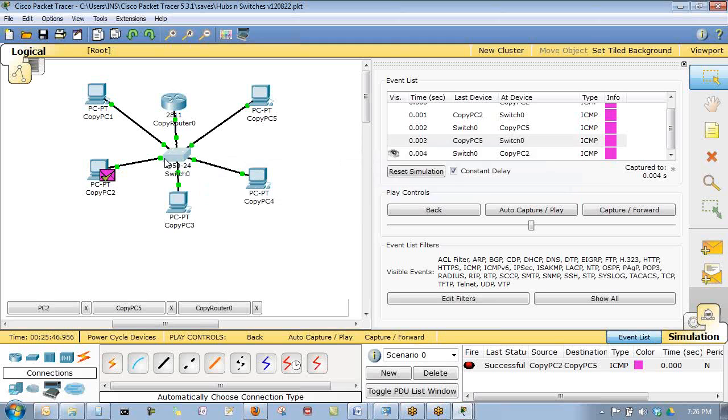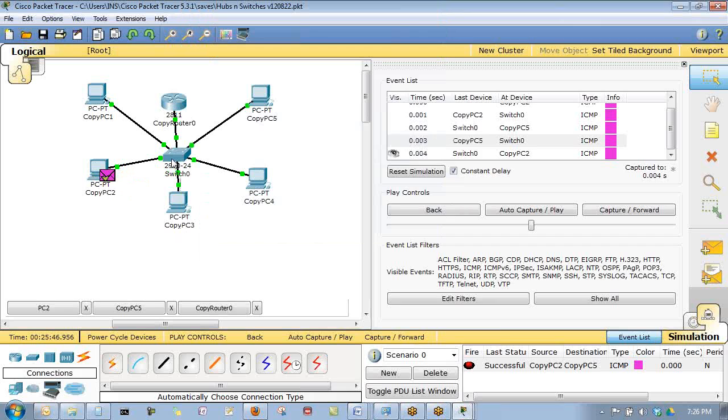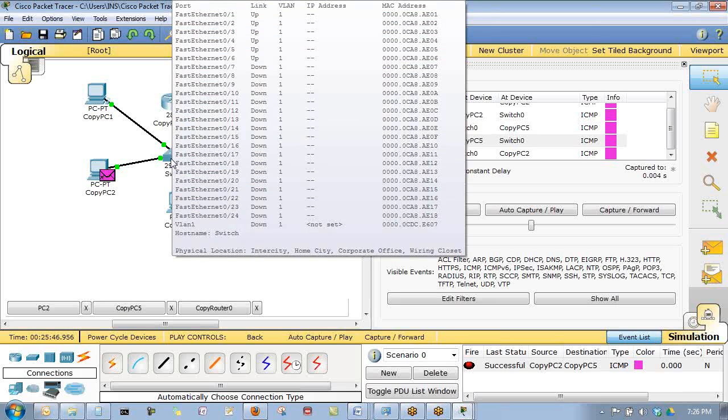Each port on a switch is its own separate collision domain. The beauty is that because there's only one device on that connection, there are never any collisions. So the switch has allowed us to get away from collisions.